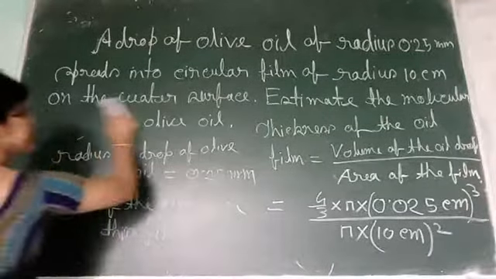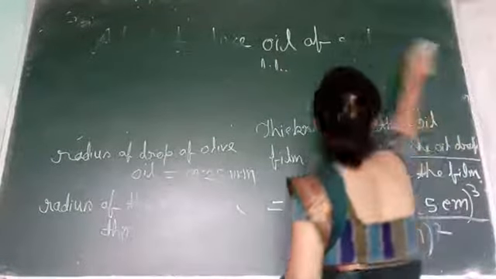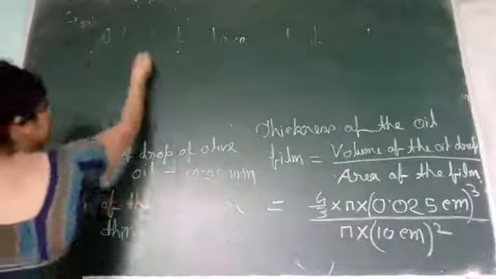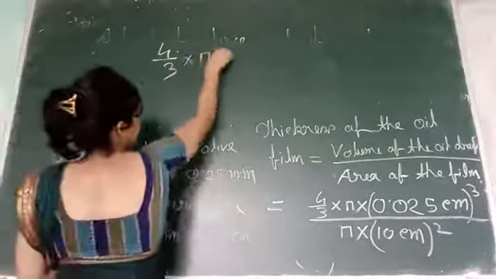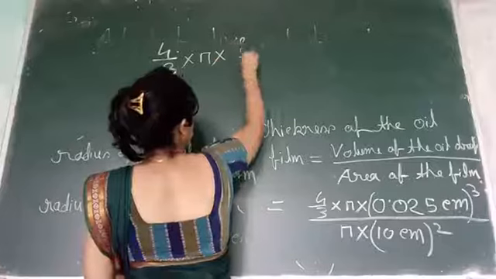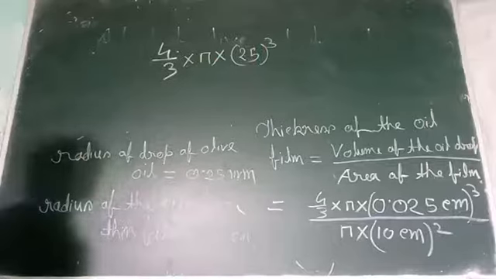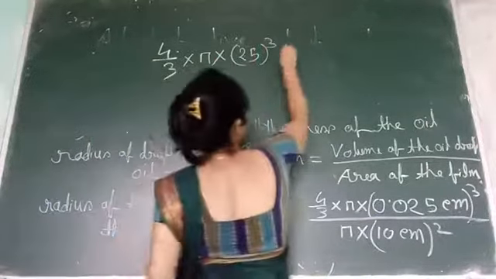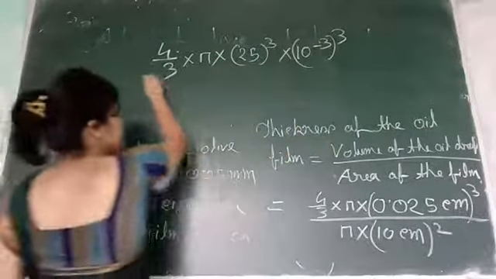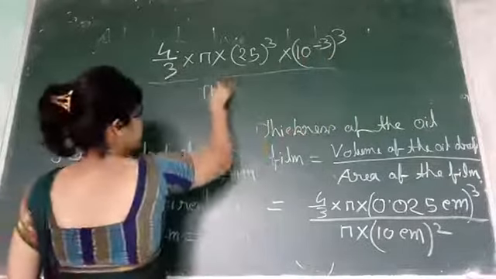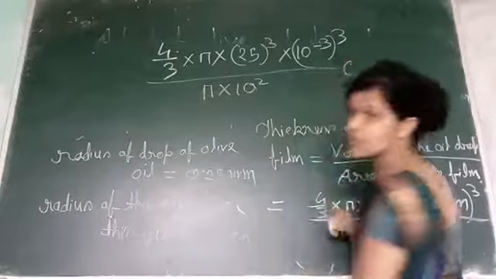So 4 by 3 into pi into 25 whole cube. If we write this in tens power, 10 to the power minus 3 whole cube, divided by pi into 10 square, and the unit of the result will come in centimeter.